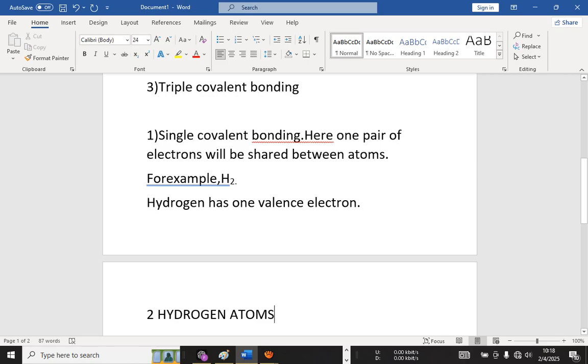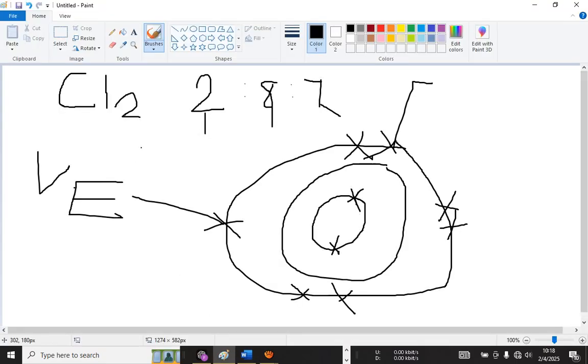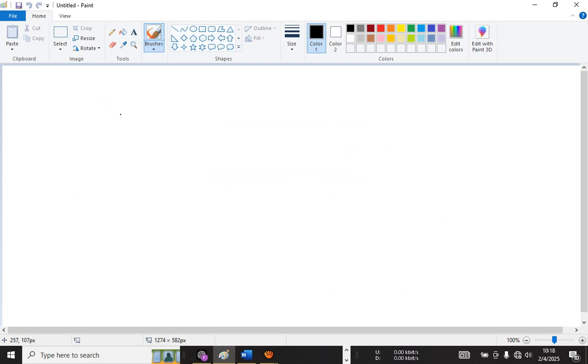So now, how do we draw the structure of these two hydrogen atoms to indicate their sharing of electrons? This is what you will do. We have understood that one hydrogen has one valence electron, but remember we are dealing with two hydrogen atoms because it is in the form of a molecule, so it is also one.